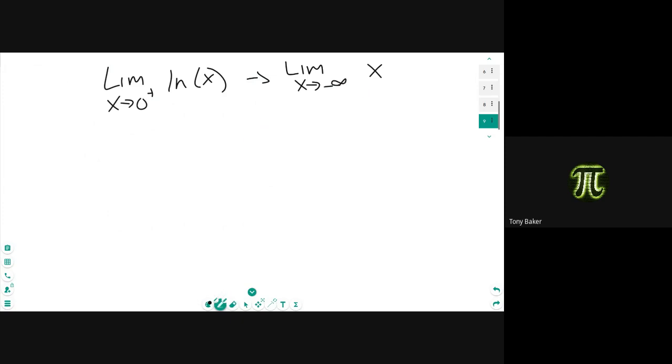I typically will just write it like that. That right there is the same thing as saying I'm approaching negative infinity. I notice I didn't put an equal sign in there. That means I'm approaching negative infinity. This is the proper way to write approaching negative infinity.